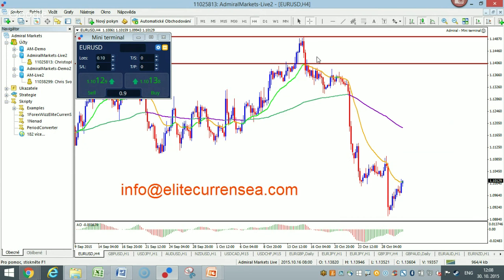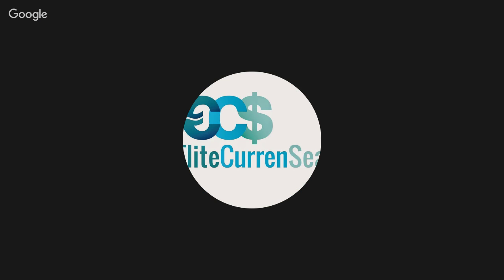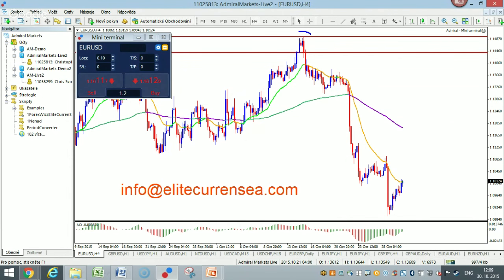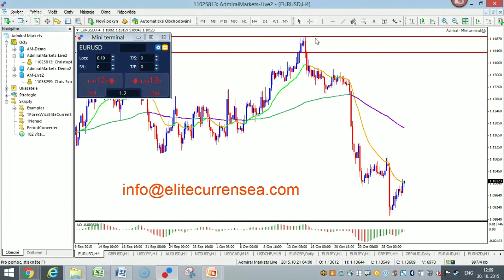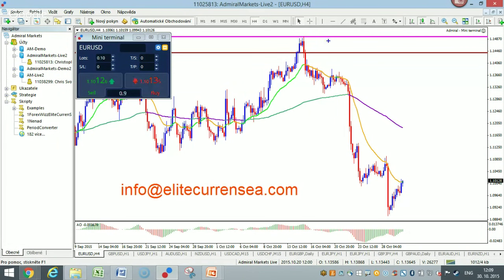The dark red line here is 55 pips, the difference between those two lines.